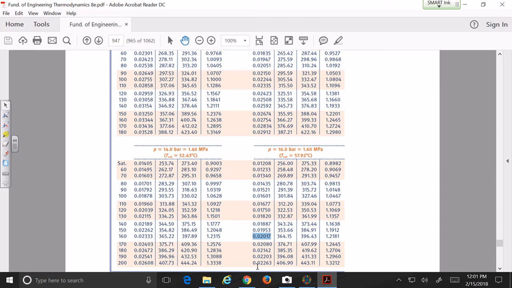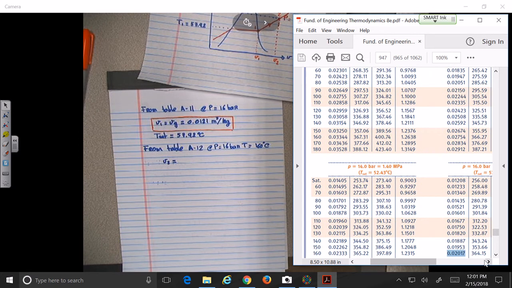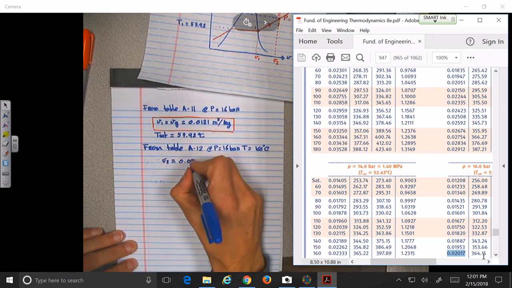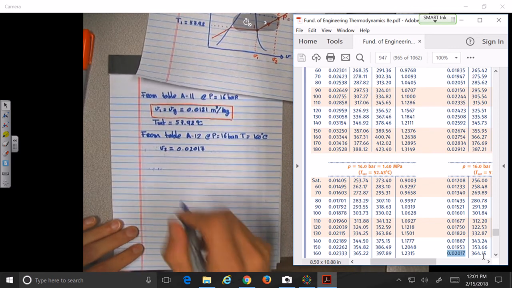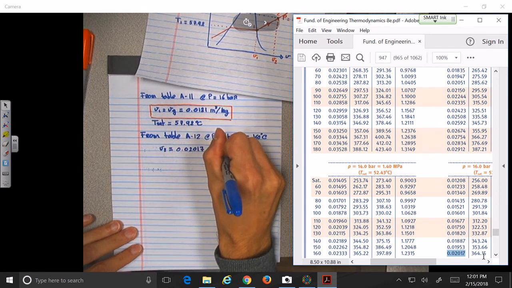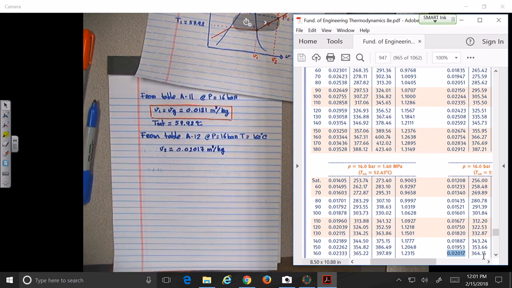So we find that V2 equal to 0.02017 cubic meters per kilogram.